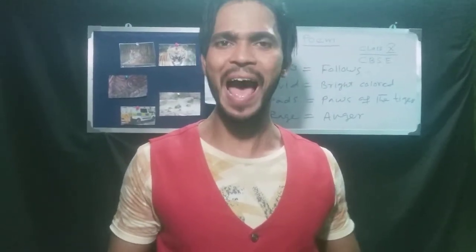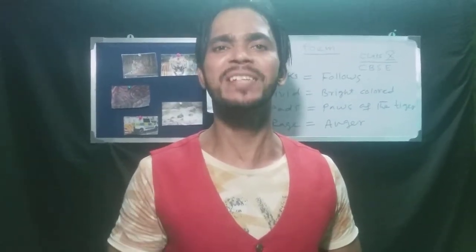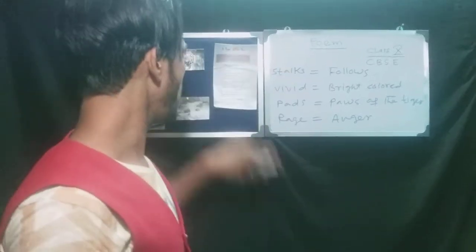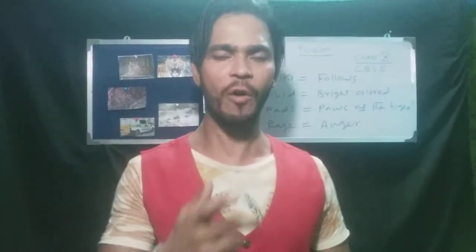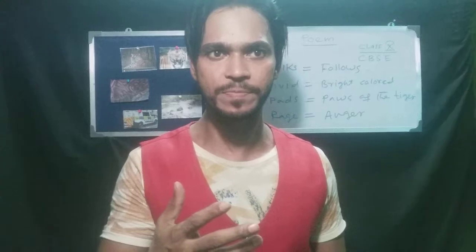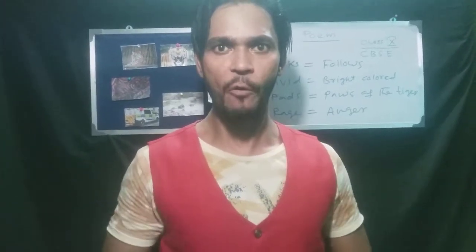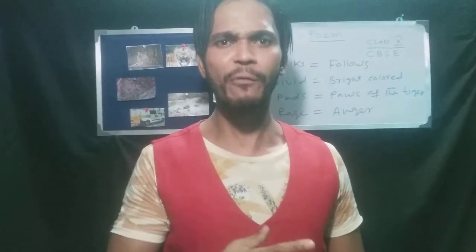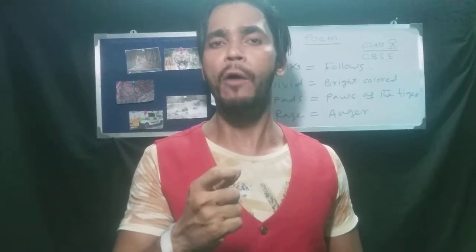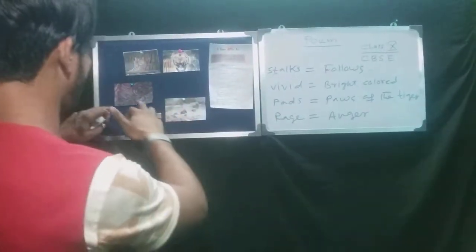And the tiger is in a cage. He has a limited space to walk on pads of velvet quiet. Now here the poet compares the pads of the tiger with velvet. Velvet is a soft fabric. Look at this image. This is velvet.